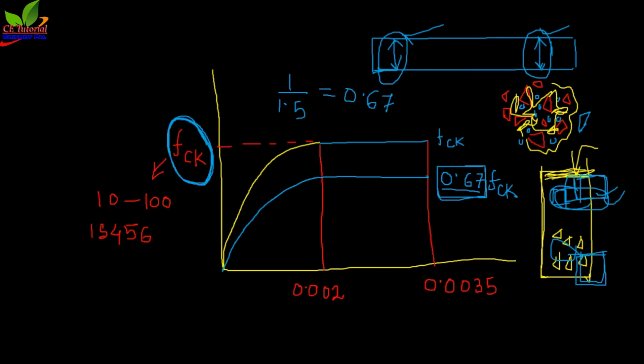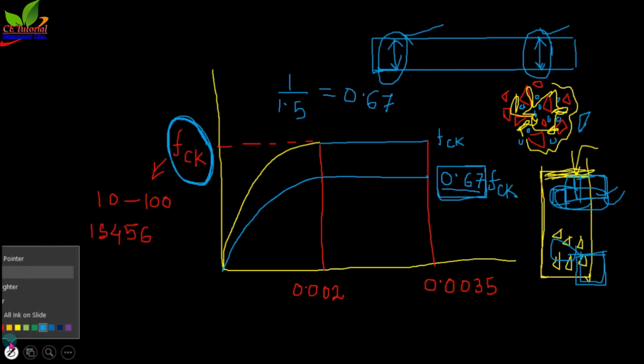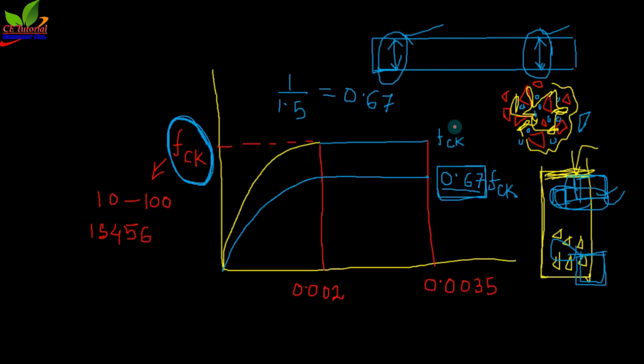But please keep in mind our 0.67 is not coming from this. It is actually 0.67. It is not coming from 1 by 1.5. Why I am telling this, you will understand within a few minutes.